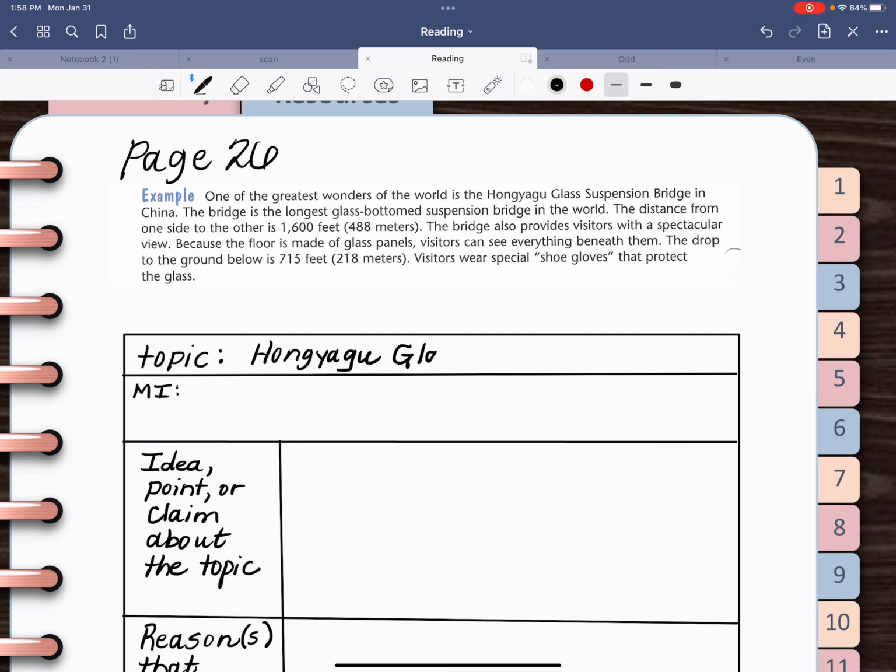Glass suspension bridge. So this passage is talking about this stunning bridge. They actually call it the greatest wonders of the world. And that's going to be my main idea right there. One of the greatest wonders of the world.